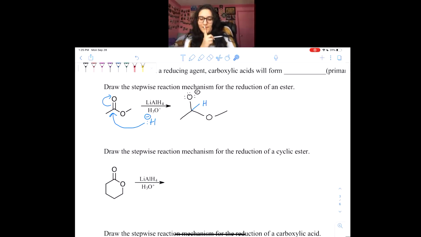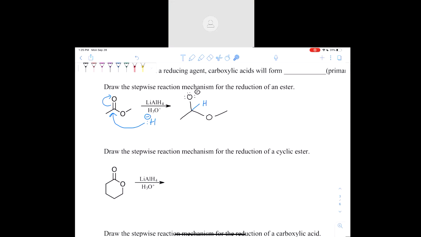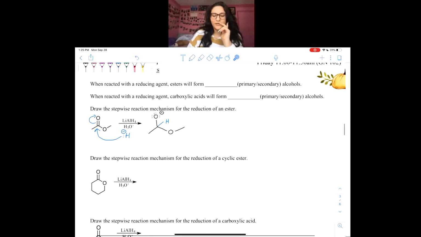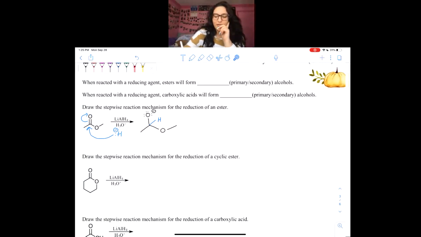Oh no, I was just saying, next step, wouldn't it be protonation? That's a great idea, and that's why I want to kind of pause and give another concept to you guys. So, what is the hybridization of this carbon right here?